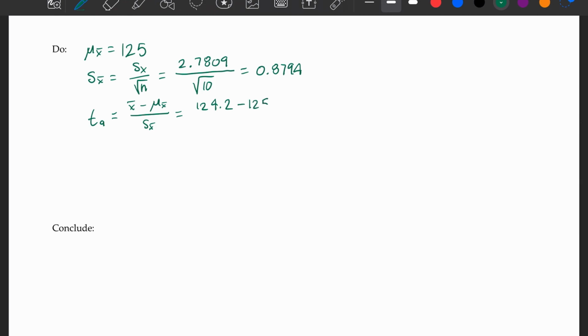And then I'm going to subtract that from mu and divide it all by this standard error of 0.8794. And out pops my answer of negative 0.9097. That's our t statistic for all of this.